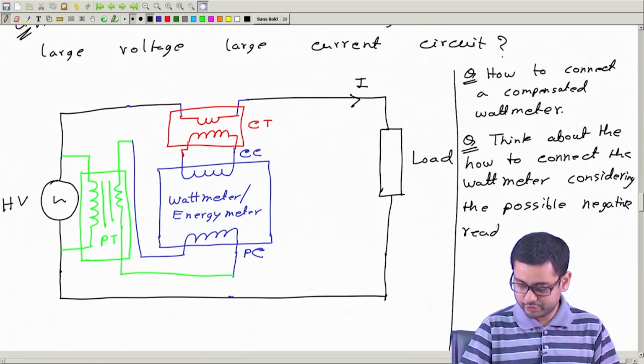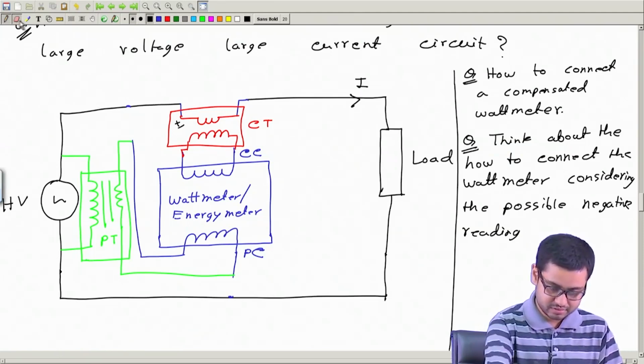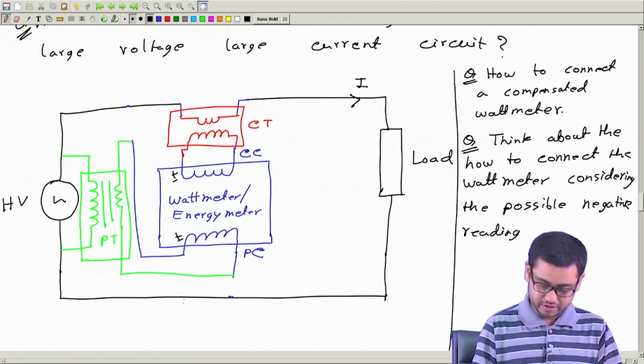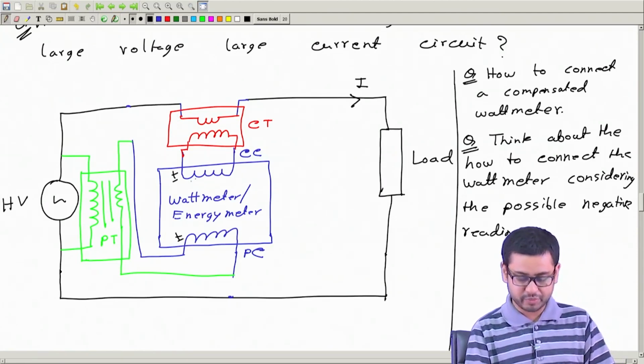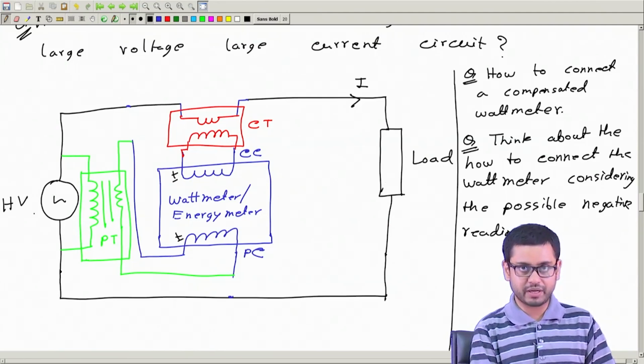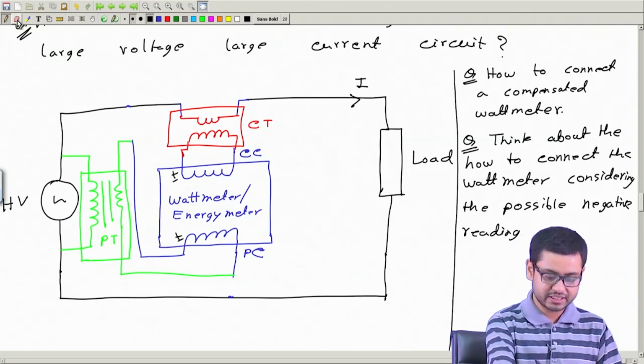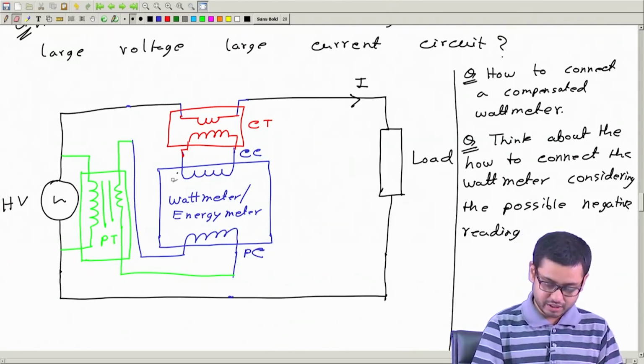By this I mean, if you have plus minus signs on the wattmeter on the two coils, then which is the correct diagram to measure the load power or the power supplied by the source. So think of it, that will be a very interesting thought exercise.